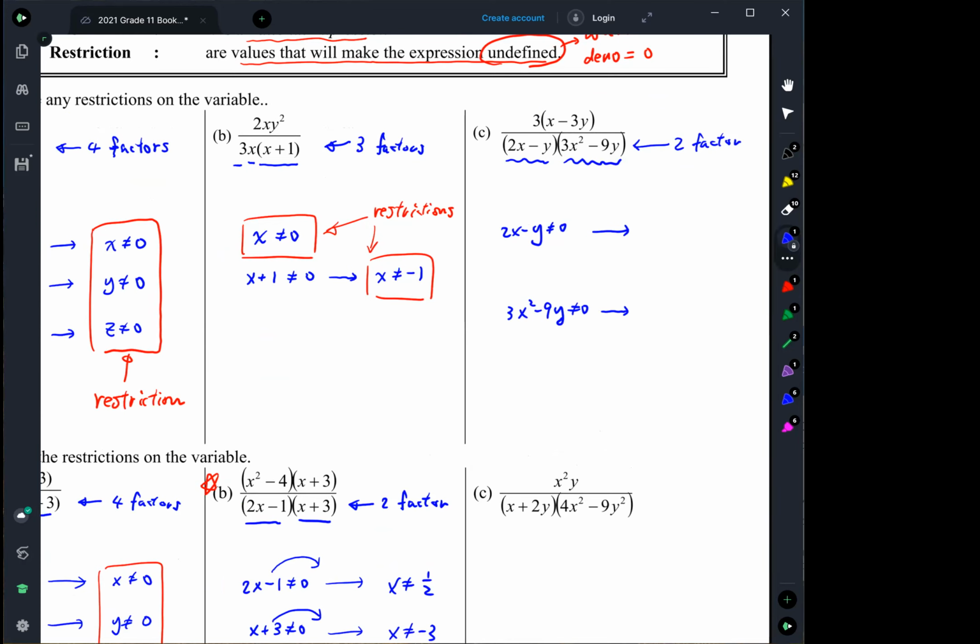So we move the y over and then divide by 2. Okay, Tony, can you try this one? Tell us what x cannot equal. Move the y over.